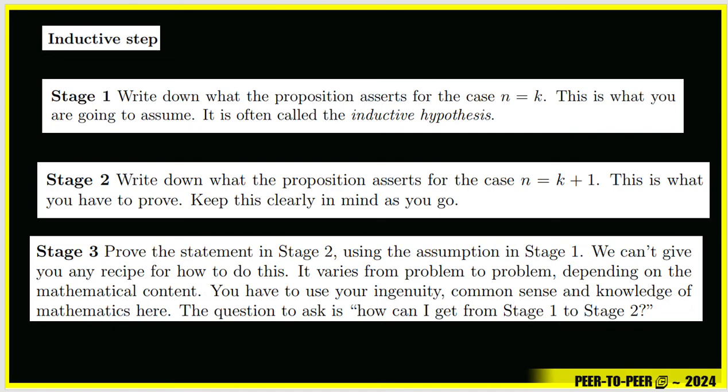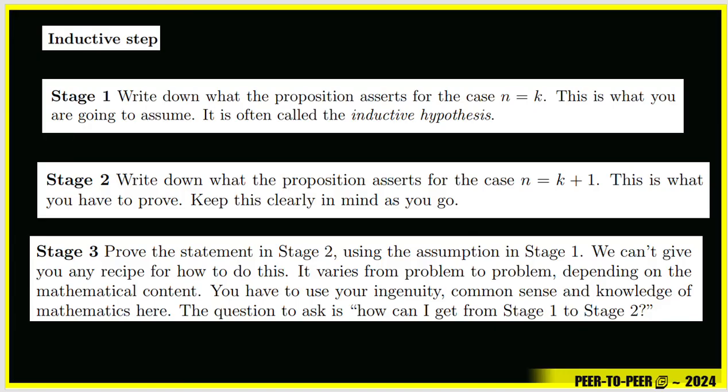Stage 1 and stage 2 for the inductive step are always easy: writing down the proposition for n is equal to k, and writing down what the proposition asserts for the case of n is equal to k plus 1. Then stage 3 is always the problem.